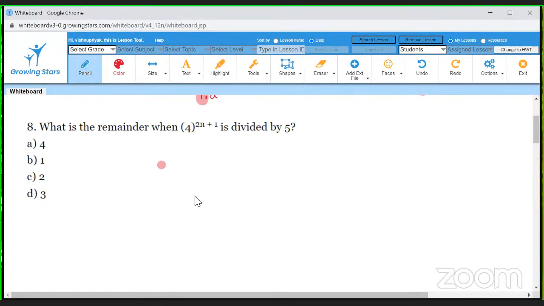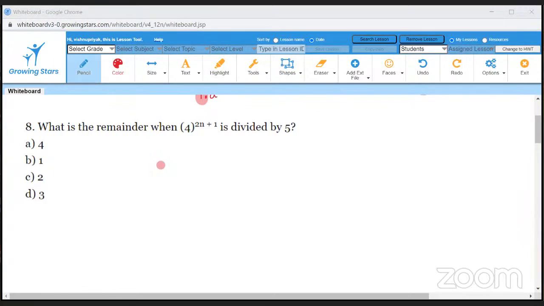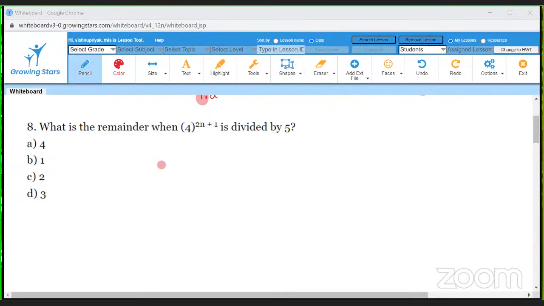Next, what is the remainder when 4 power 2n plus 1 is divided by 5? This is a logic question, shortcut method. If you see 4 power 1, you have 4.